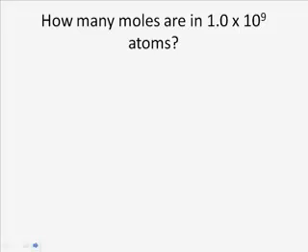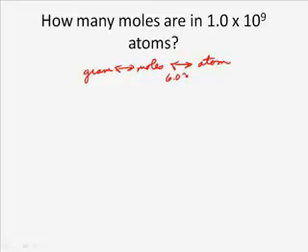Okay, how many moles are in 1 times 10 to the 9th atoms? Okay, and we left this generic. Why? Well, remember our grams to moles. In this case, our particle is an atom. Okay, moles to atom. We're not using any specific value on the periodic table. We just use Avogadro's number.